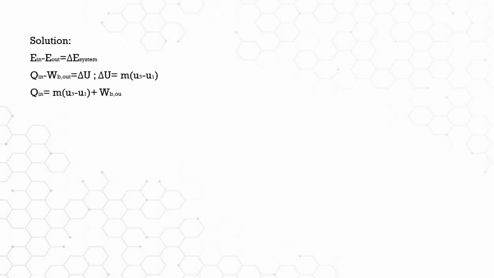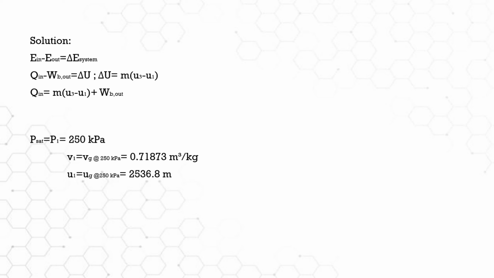From table A-5 of our property table, for saturated vapor at 250 kilopascals, we have specific volume at saturated vapor equals 0.71873 cubic meter per kilogram and internal energy at saturated vapor equals 2,536.8 kilojoules per kilogram.